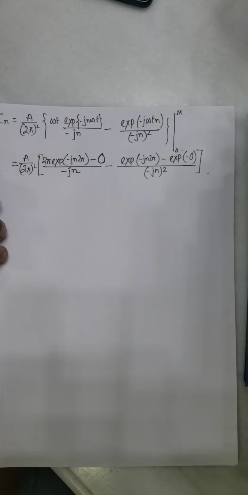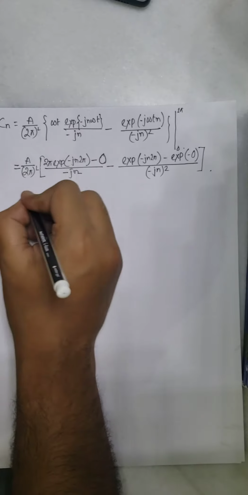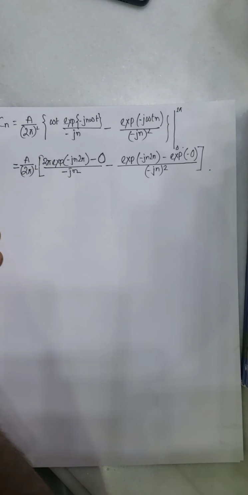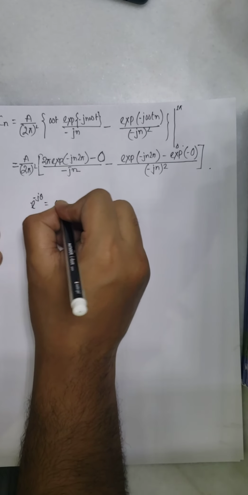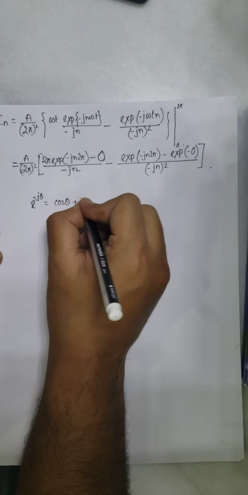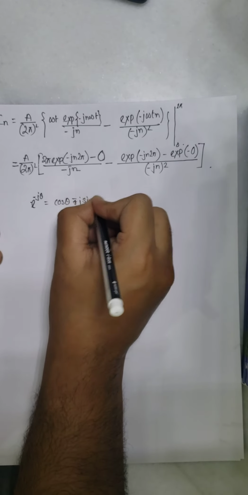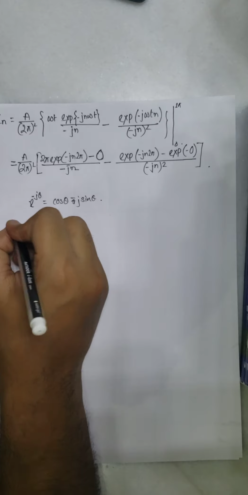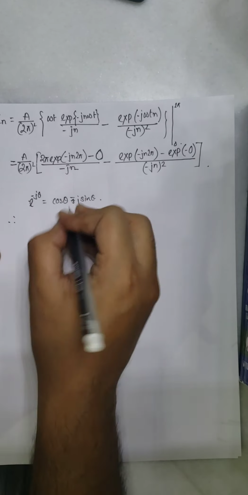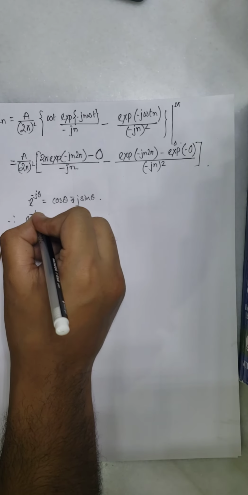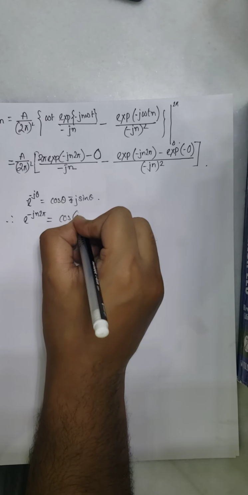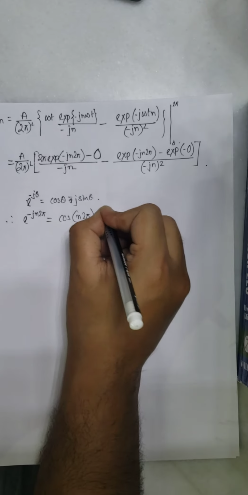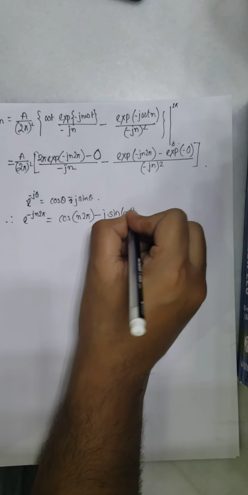So moving forward from the Euler relation, once again we get that e to the power minus j theta equals cos theta minus j sin theta. So solving for e to the power minus jn 2 pi, we get cos of n 2 pi minus j sin of n 2 pi.